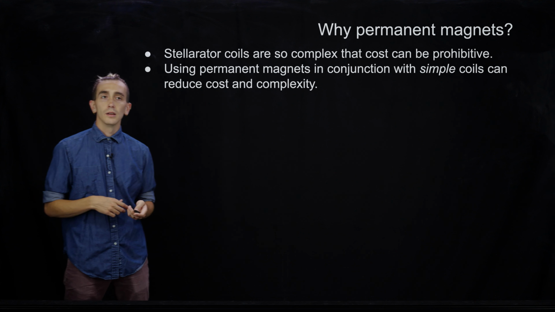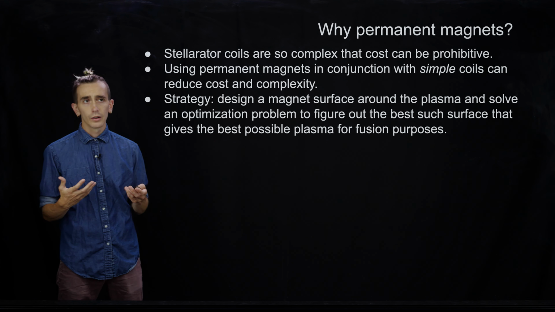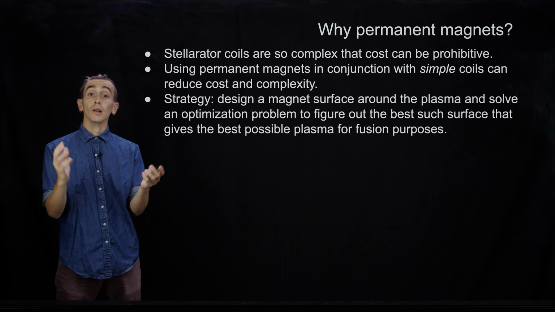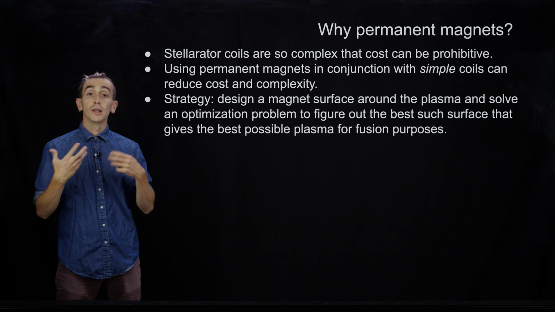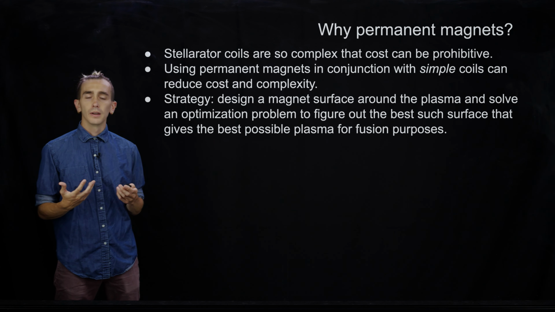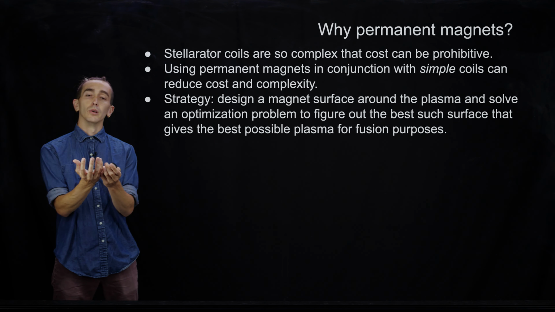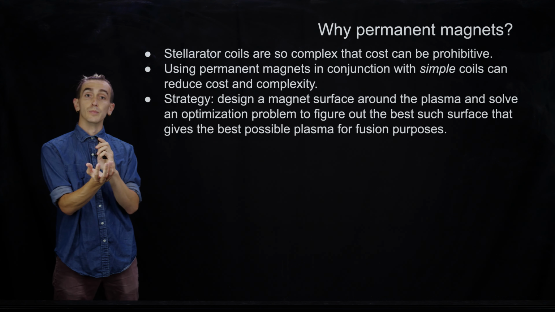So this is the idea we're going to go for, and the strategy here is we're going to say, okay, there's some surface outside the plasma where we're allowed to place permanent magnets, and then we're going to formulate an optimization problem to figure out where are the best places on that surface for permanent magnets, and what should those magnet orientations be.